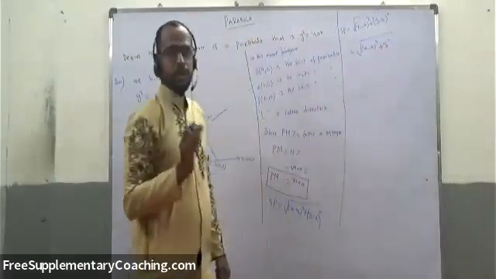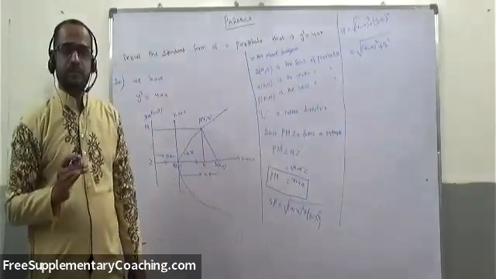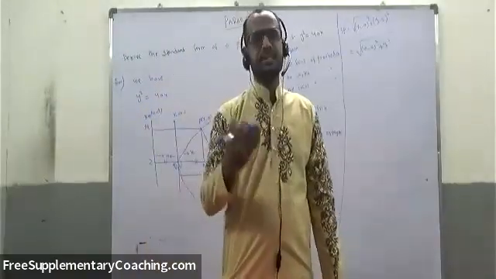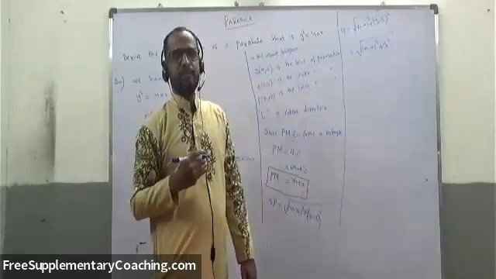Okay. Now, by the definition of parabola, we know that if the eccentricity of a conic section is 1, then only it is called a parabola.